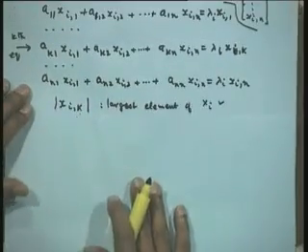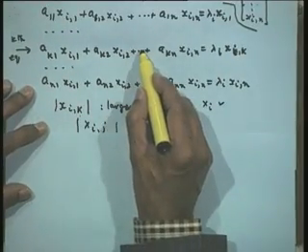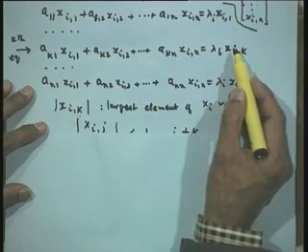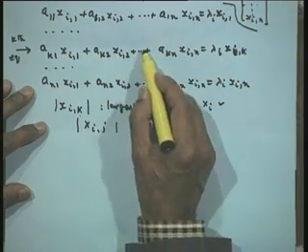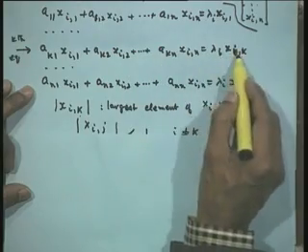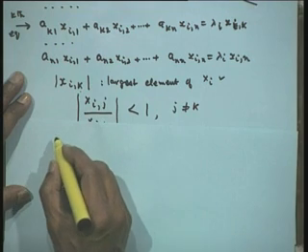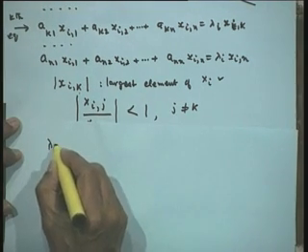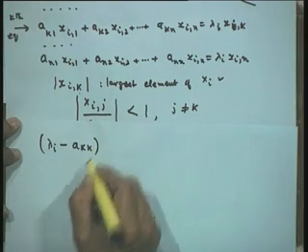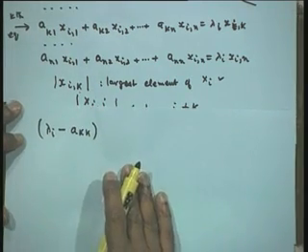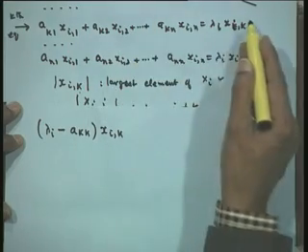Now let us take this element x_ik to the right hand side. This akk element will go to the right hand side and combine with this one. So what I will have here is lambda_i minus akk, and let us retain our x_ik also for the moment.